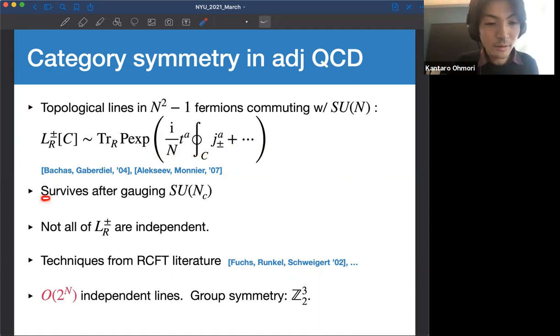And we also could argue that this survives the continuous symmetry gauging.